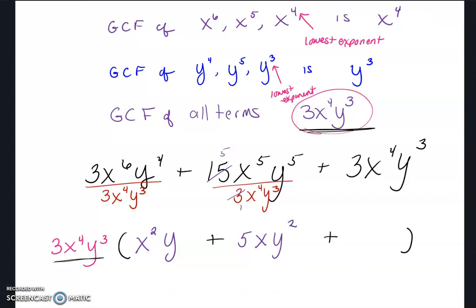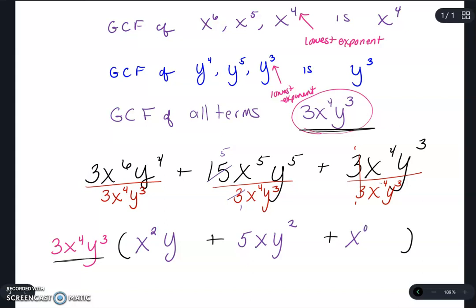And then the last one, I'm going to do the same thing, divide by that same greatest common factor that I pulled out, and I would get x... Nope, actually, I'm going to have x to the 0, right?